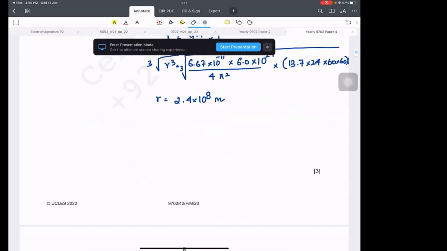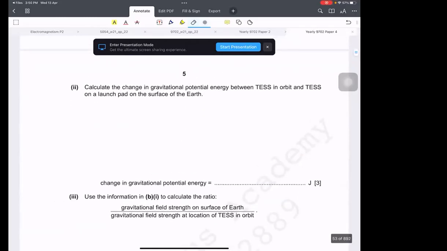Okay. Then going to the next one, it says calculate the change in gravitational potential energy between the test in orbit and the test on the launch pad. Now we need to find the change. This should be calculated in a different way actually. So you should understand that there has to be potential at the surface and potential at the orbit, right?